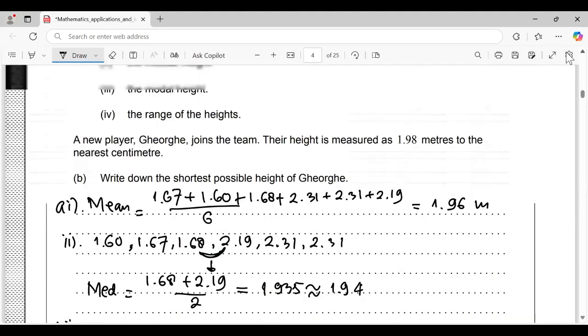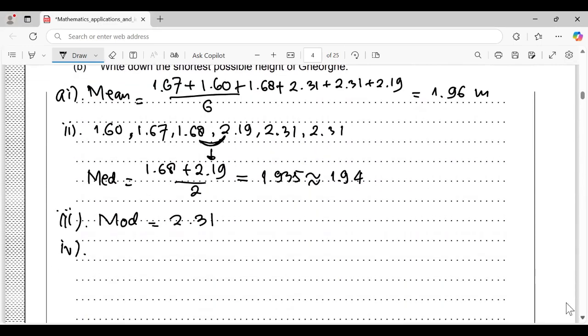The question is about the range of height. The range of height is the maximum data, 2.31 minus 1.60. Okay, so range equals 2.31 minus 1.60. And the result is 0.71 meters.